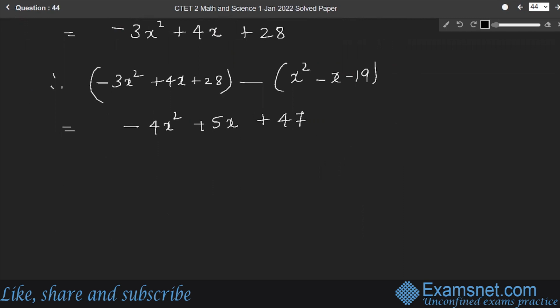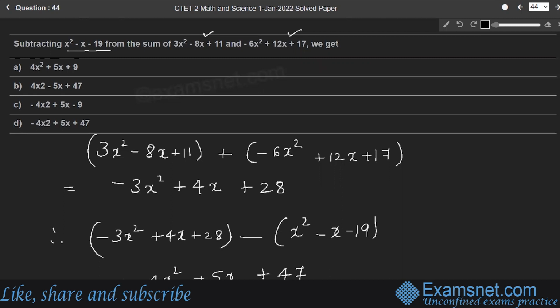So minus 4x square plus 5x plus 47. Hence option D is the right answer.